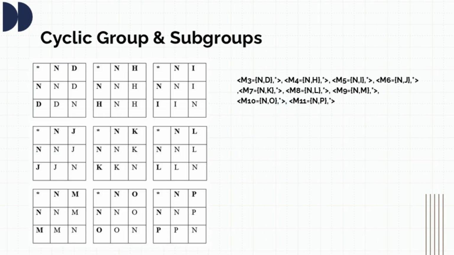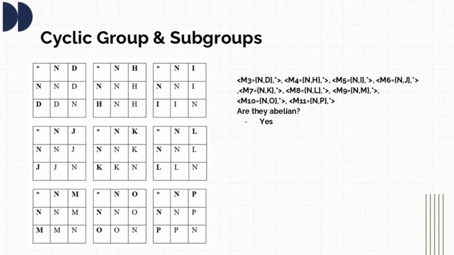Next, let's see if these subgroups are cyclic subgroups. We have the subgroups M sub 3, M sub 4, M sub 5, M sub 6, M sub 7, M sub 8, M sub 9, M sub 10, and M sub 11.